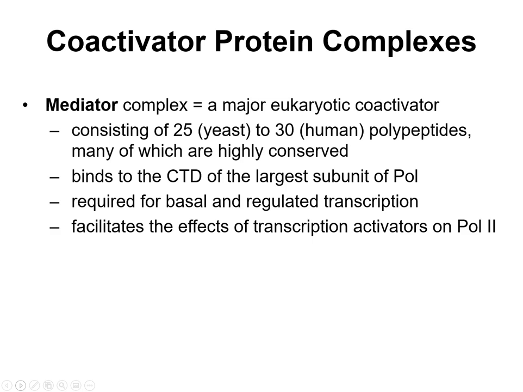And remember, POL2, that CTD, very, very active for phosphorylation, very active and modular in terms of the things that bind to it. And all the things that bind to it kind of tell you where that polymerase is in the process of making the transcript. And there's just lots of regulation here.